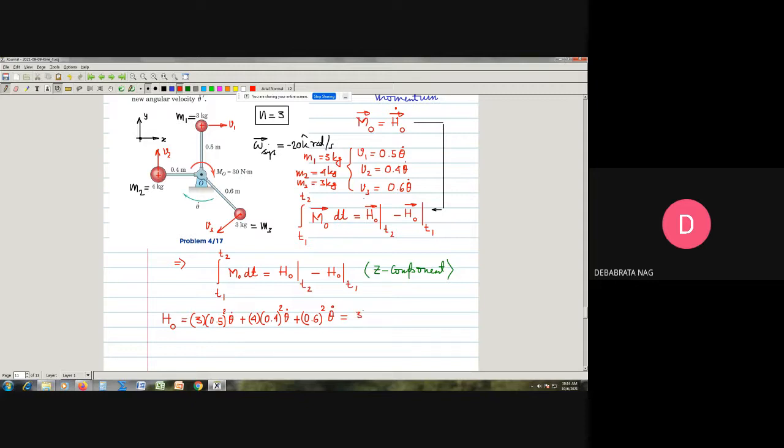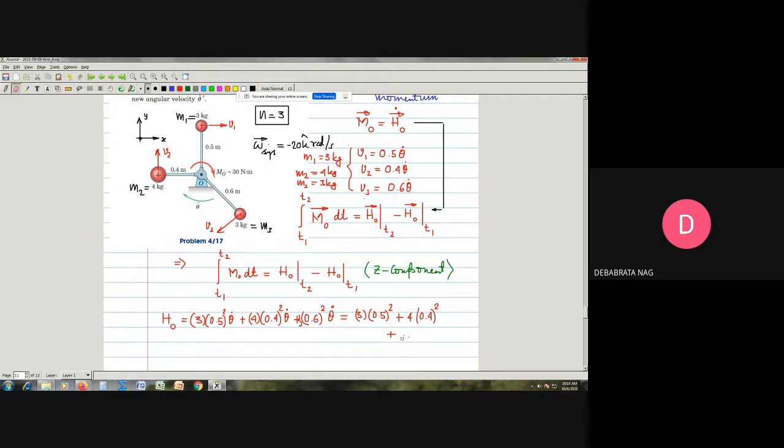So we see from here that this angular momentum at any point of time is given by this equation: 3 into 0.5 square plus 4 into 0.4 square, plus 3 into, sorry, here we missed the mass, it will be 3. So 3 into 0.6 square.